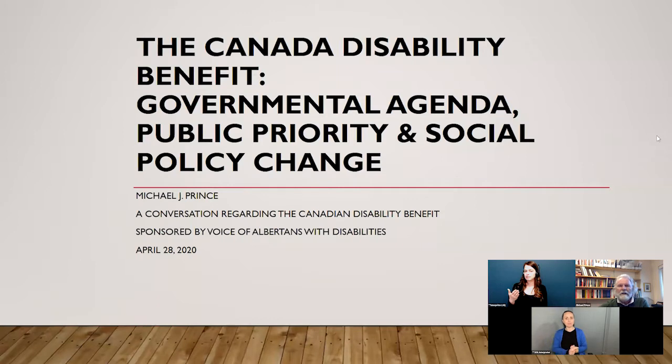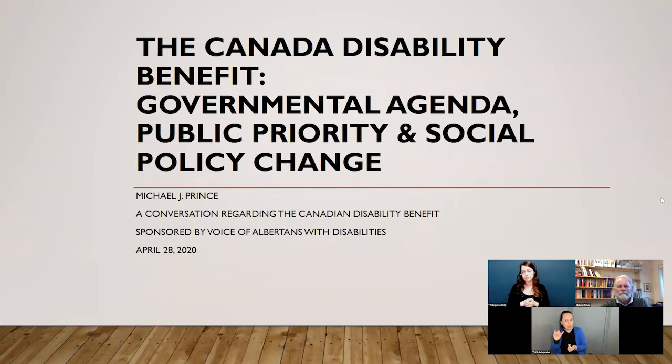So in my contribution to this conversation today, I want to focus on what I'm calling the governmental agendas. That's the Government of Canada's plan and agenda on moving forward with such a disability benefit. What makes it a public priority, even though at times it may not feel like that for many Canadians with disabilities at the moment, and what kind of social policy change will it likely be?